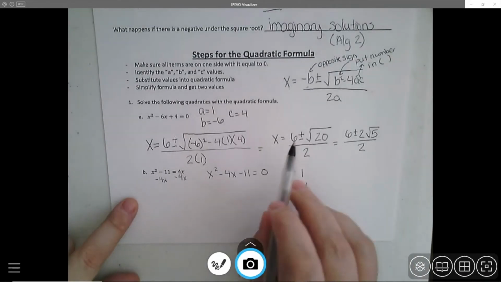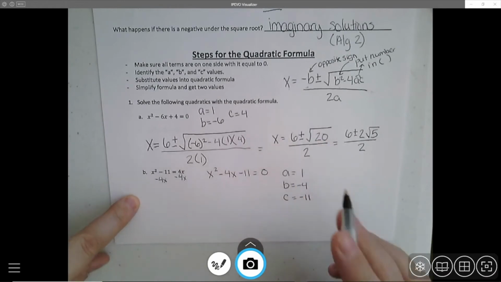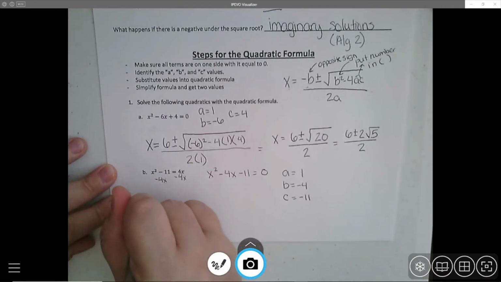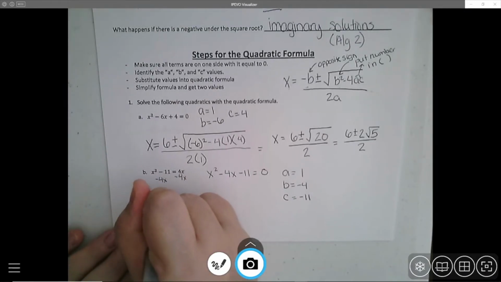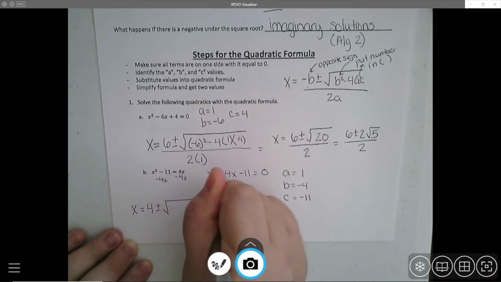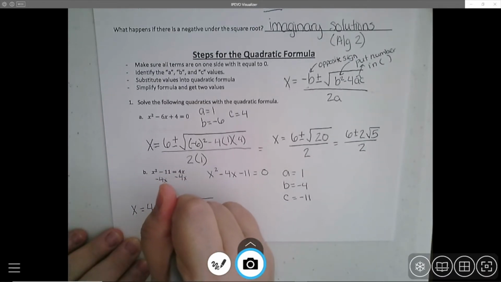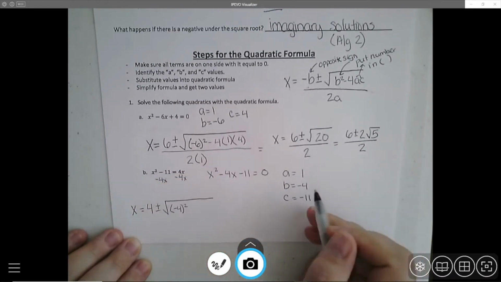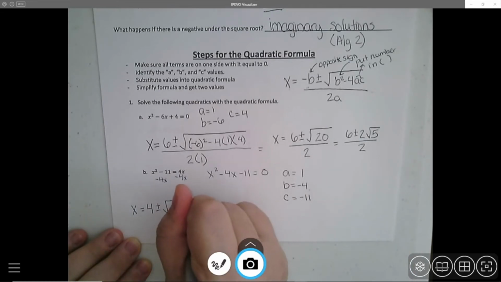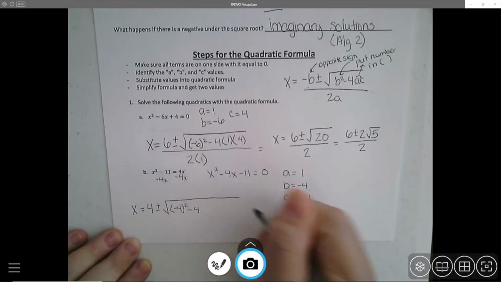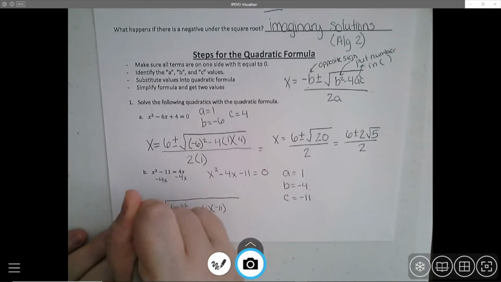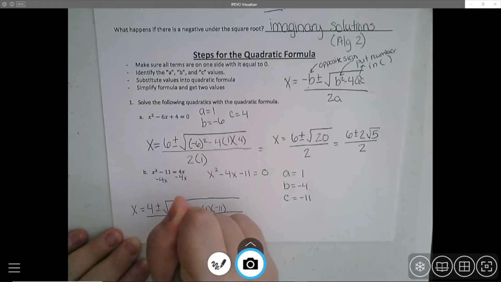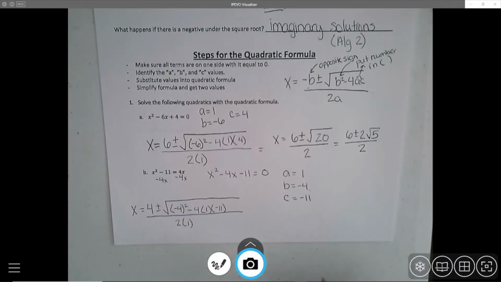Now that I have them identified, I'm going back up here to this formula. X equals -b, the opposite of b. So my b started out -4, so it's going to be a +4 plus or minus square root. Everything goes in parentheses. B squared, so -4 squared, minus 4 times 1 times a -11, all over 2 times 1.